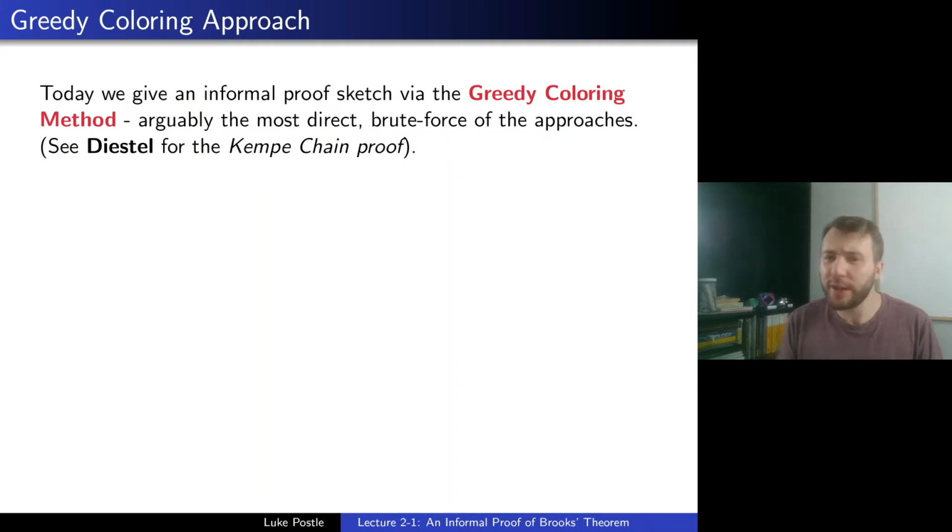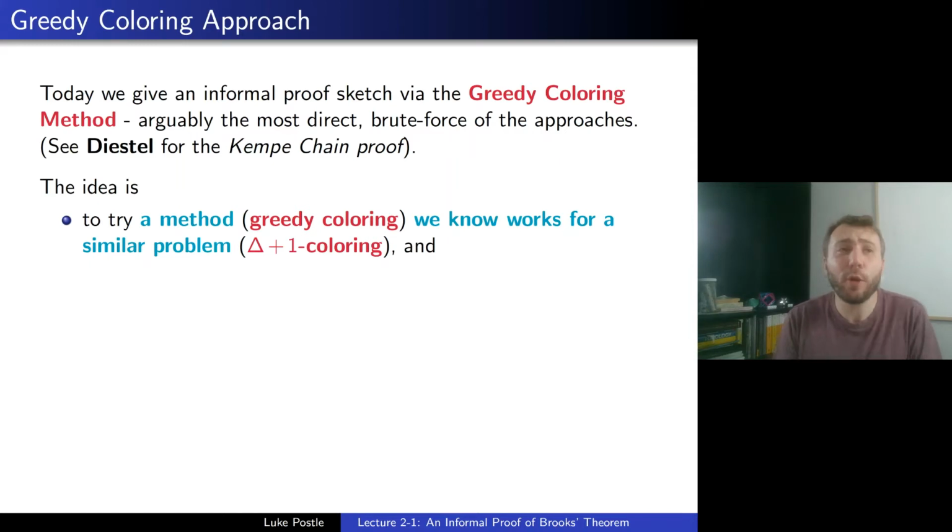So let me try to describe it. You already know the greedy coloring method, but let me be a little bit more holistic. The idea that is the key to this approach is we're trying to combine a method, greedy coloring, which we already know works for a similar problem, the delta plus 1 coloring. We use this greedy ordering to delta plus 1 color graphs, and that's very similar.